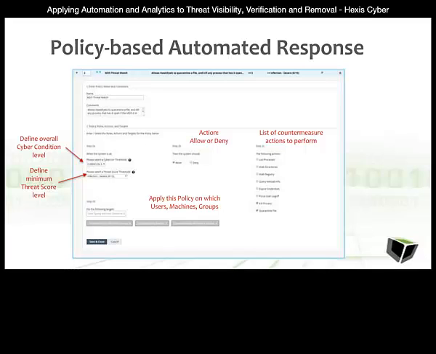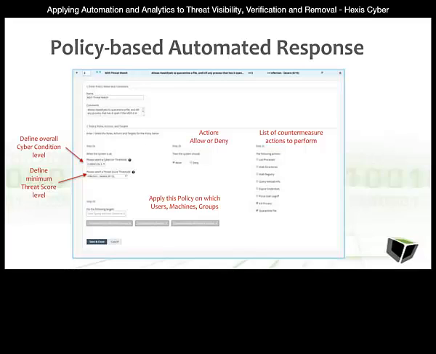If I have a change management window, or we're updating a version of Microsoft Office, or we're deploying a big ERP application, maybe I change the cyber condition and then do less or no automation during that change management window. So we give the control to the security team to align to how your IT organization is deploying new software and impacting change management.